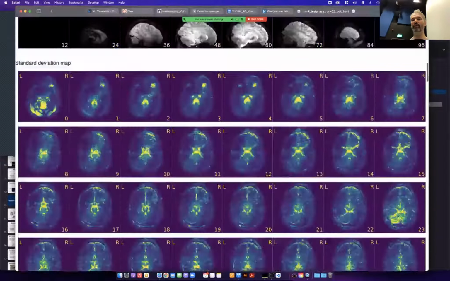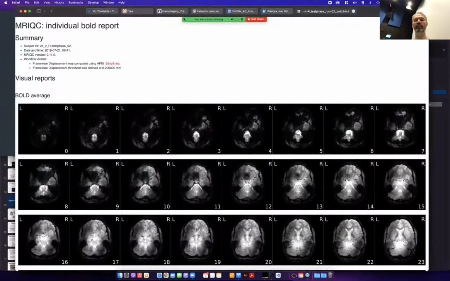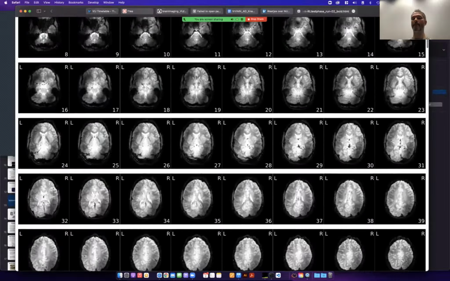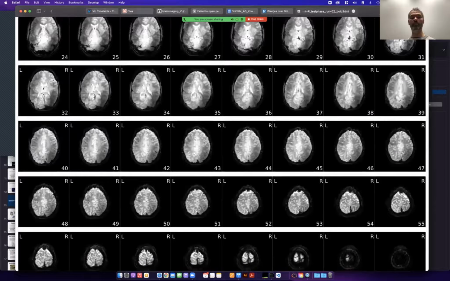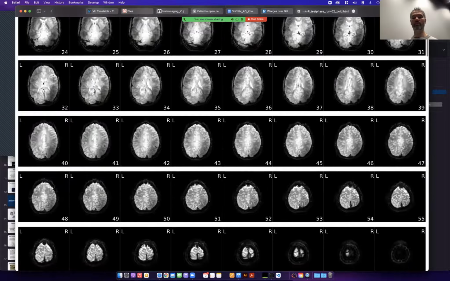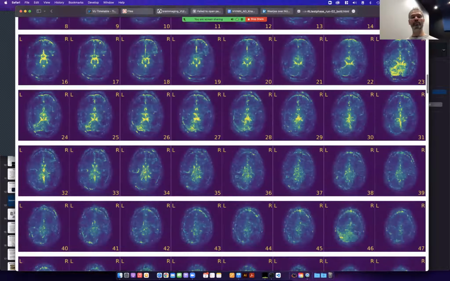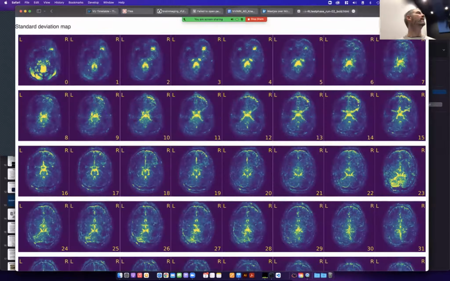So what are the things that we are looking at here? We have the mean image over time, right? That is a single anatomical image, and you see this is a T2 star weighted image with the white matter being dark. Now, what you can also do is look at the standard deviation over time. That's how variable the data was in every voxel during the run.